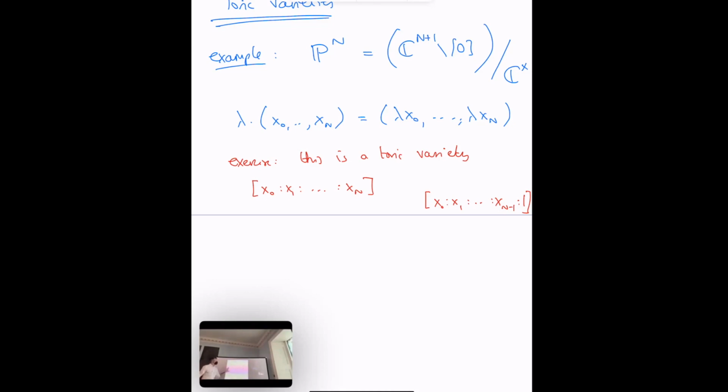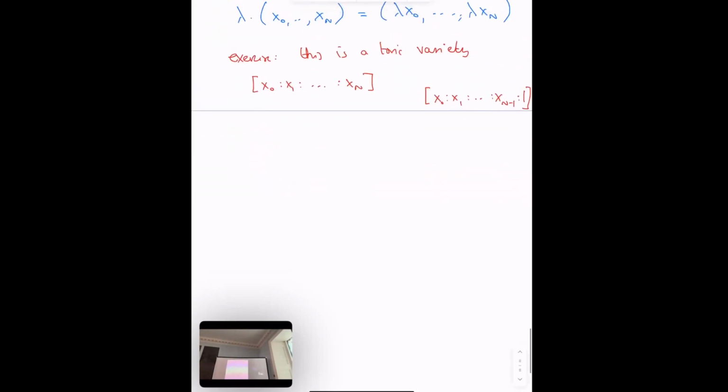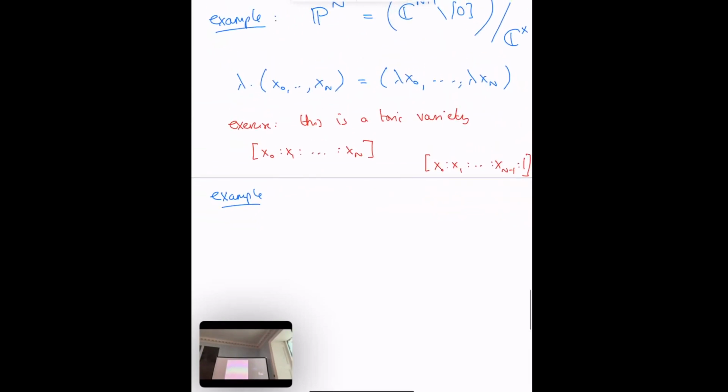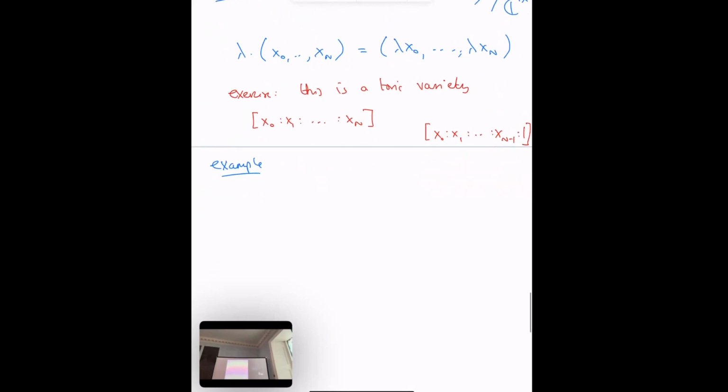But anyway, this kind of quotient perspective is quite a useful one, and we're going to use it again in the examples that we consider for our question. So we're going to consider a generalization of this, to toric varieties of what are called Picard rank 2.